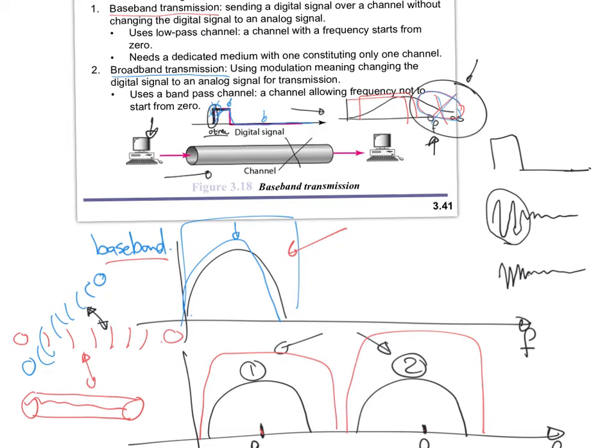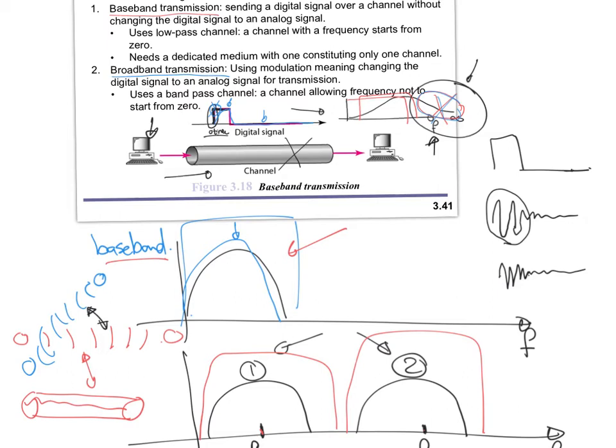AM channels use frequency ranges in the kilohertz. So the channels for AM never interfere with channels from FM. They never interfere with channels from Bluetooth. They never interfere with channels from Wi-Fi, although sometimes they do, and if they do, there will be some interference and we'll have to deal with it.